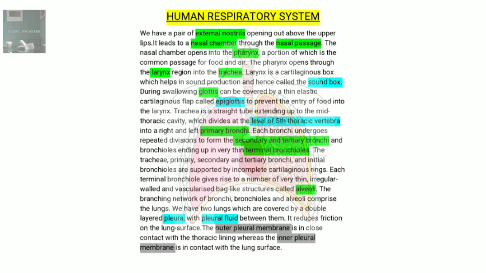Human respiratory system. The human respiratory system consists of nose, pharynx, larynx, trachea, bronchi and lungs. Nose is a specialized organ at the entrance of the respiratory system, that is divided into an external portion and an internal portion.